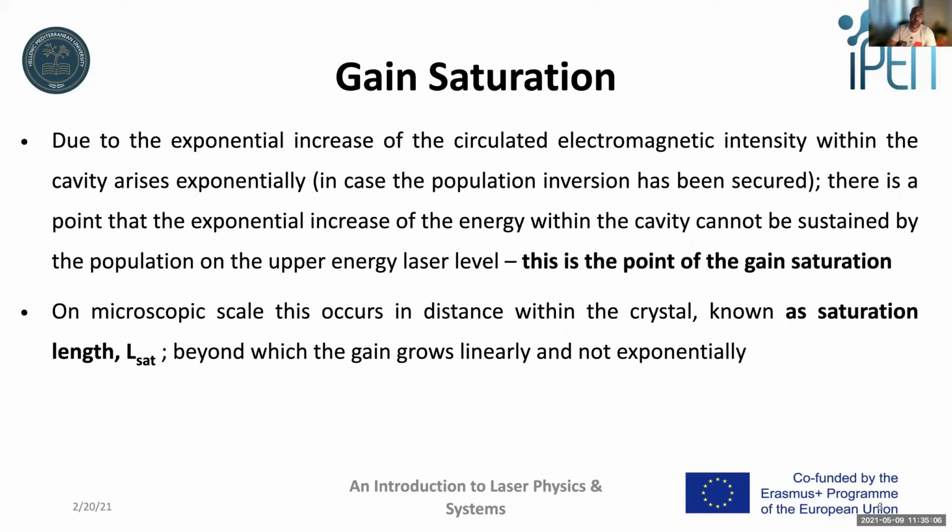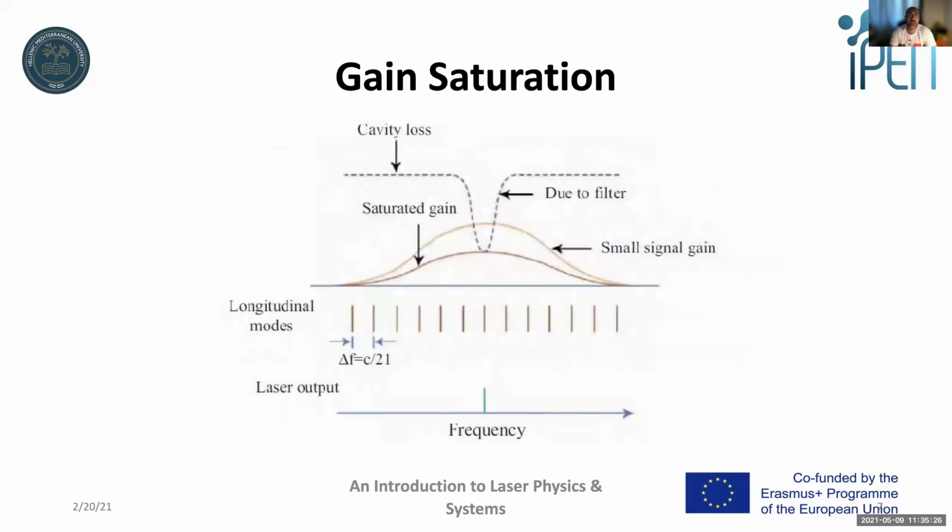So the population inversion, as our laser beam propagates through our material, is not constant because of this clamping, this shrinking of the population inversion towards lower values at the expense of the enhancement and building of our laser field. So this is a small graph. We can see at the beginning that we have a gain, and the gain is clamped down to a lower value.